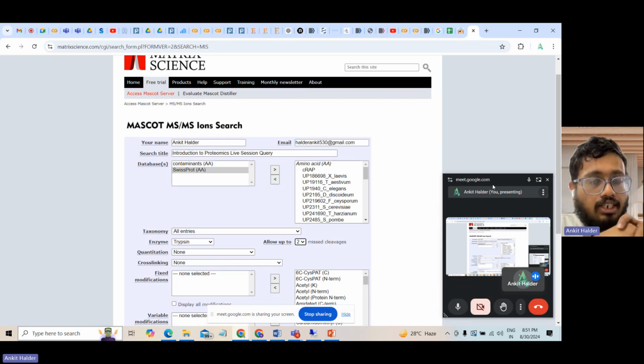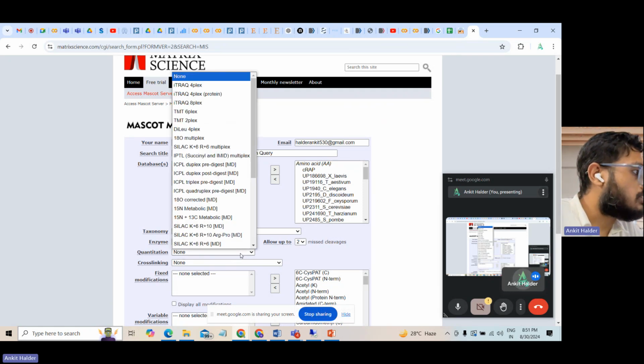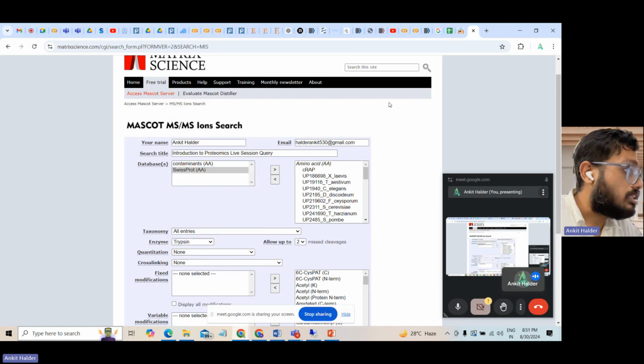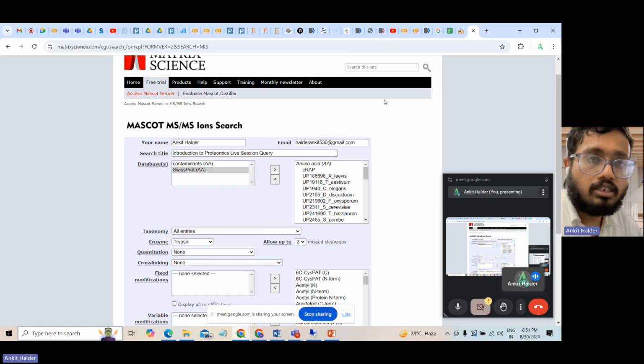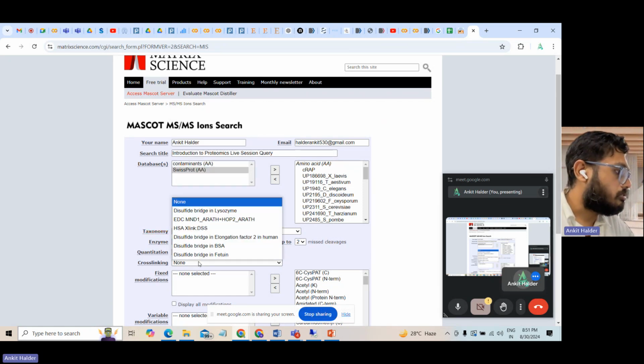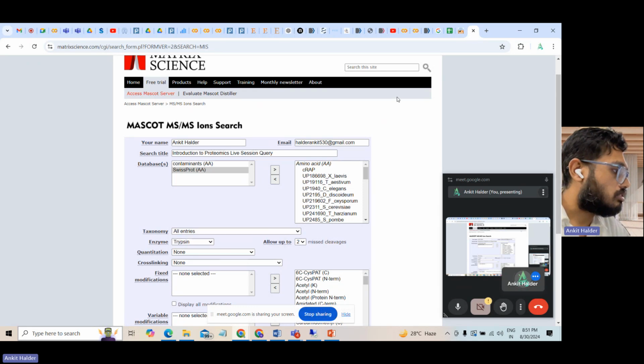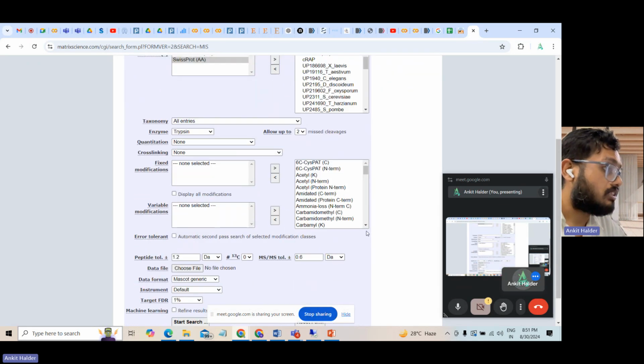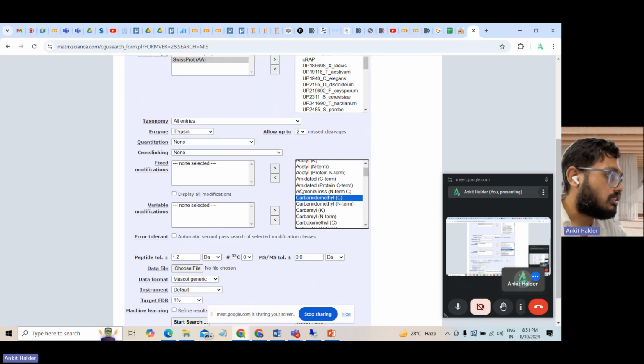But definitely two plus missed cleavages are quite acceptable in the community. The quantitation, if you have done certain quantitation, will be covered in the upcoming sessions, so we are not going into the details.